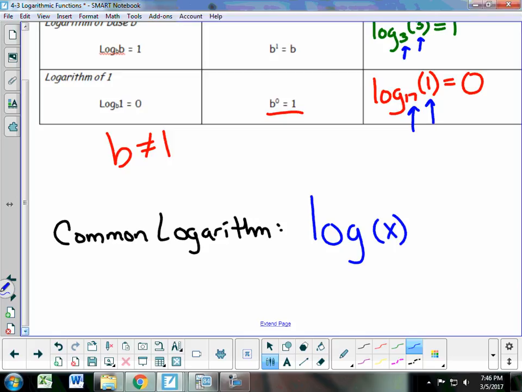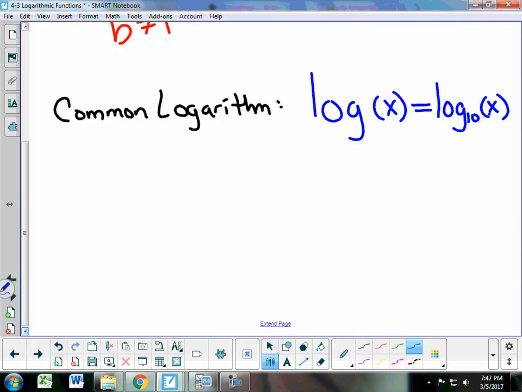It's kind of like how we don't write a 1 in front of x, because the coefficient is 1, we know it's there. Or like we don't write a power of 1 on an x, because we know the power is 1. So what this is equivalent to is log, and you might guess that the base is 1, but it's not. It's base 10 of x. All right, so that's the common logarithm. If it's base 10, we don't write that base in. Okay, so those are equivalents.